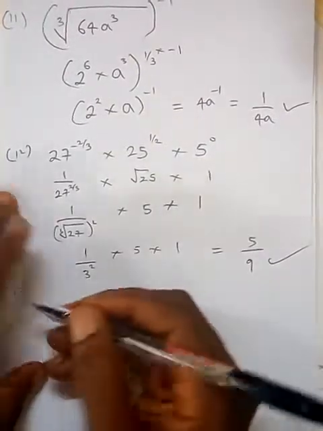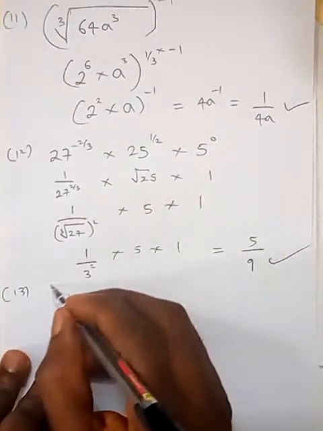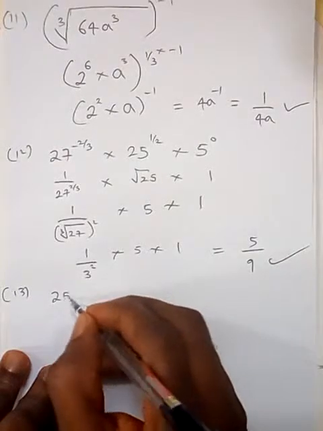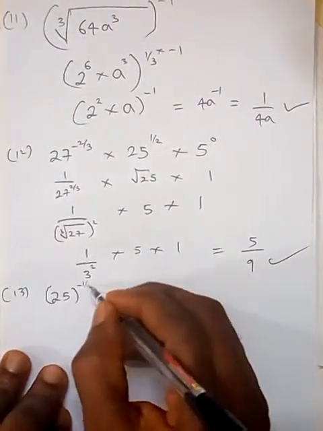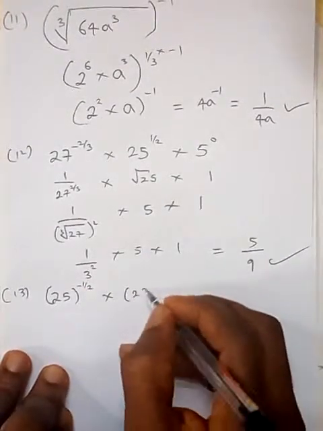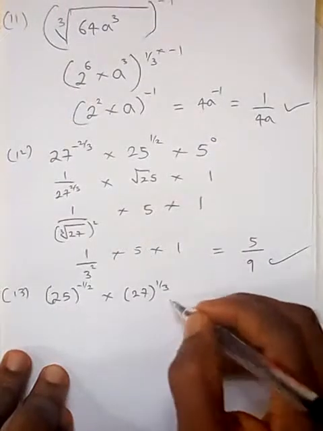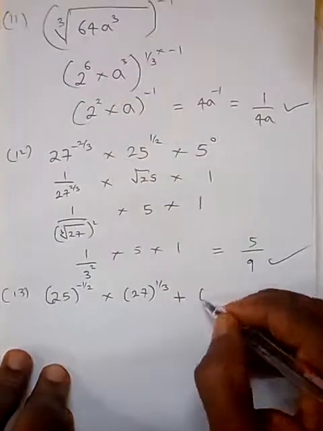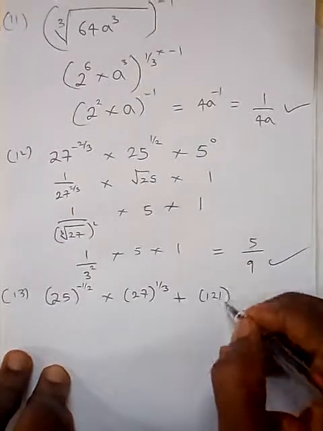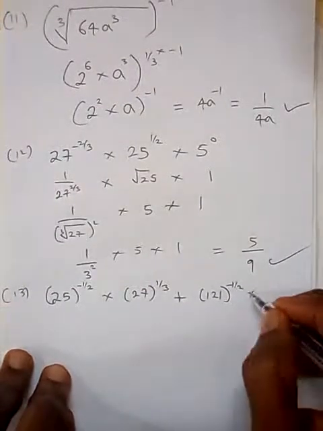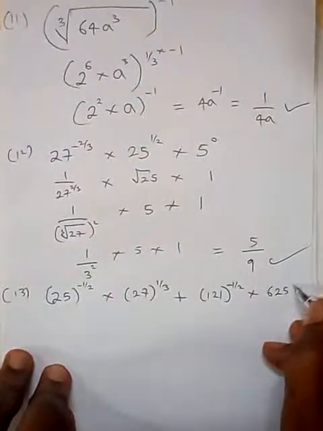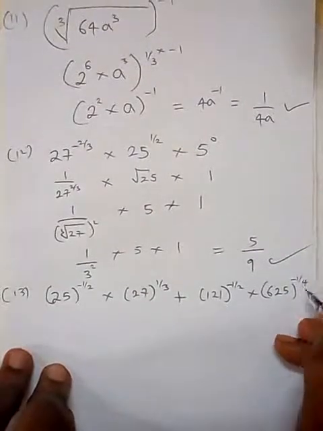Number 13 says we should simplify 25 raised to power minus 1 over 2 times 27 raised to power 1 over 3 plus 121 raised to power minus 1 over 2 times 625 raised to power minus 1 over 4.